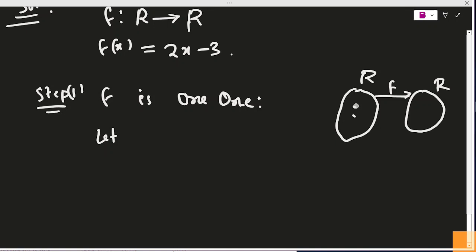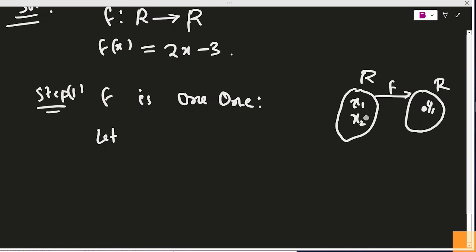That means if this is x1, if this is x2, ये x1 है, ये x2 है, ये एक इमेज है. ये नहीं हो सकता है कि अगर y1 है, x1 का भी इमेज y1, x2 का भी इमेज y1, ऐसा नहीं हो सकता है.